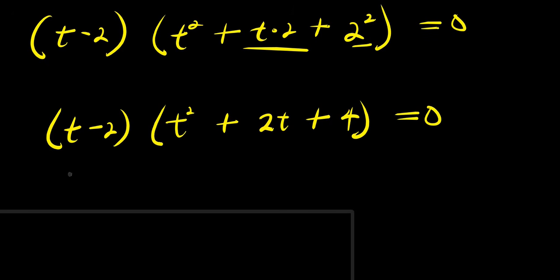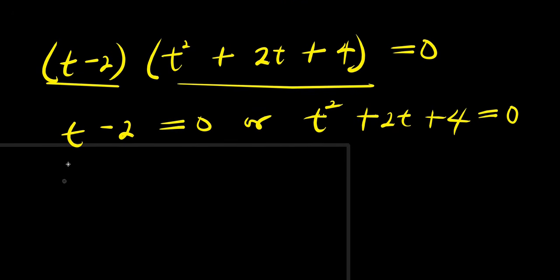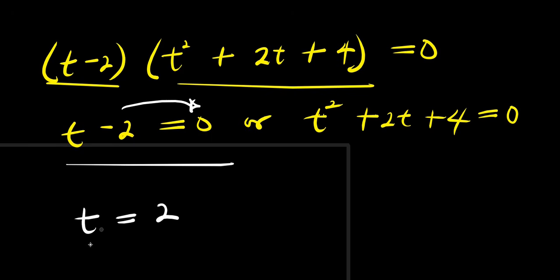So right now, I equate each of these to 0. This is t minus 2 equals 0, or this is t power 2 plus 2t plus 4 equals 0. So to solve this, I have t equals, I move this negative 2 over here, I have 2, that's my t1. And to solve this, I'm going to make use of the formula method.